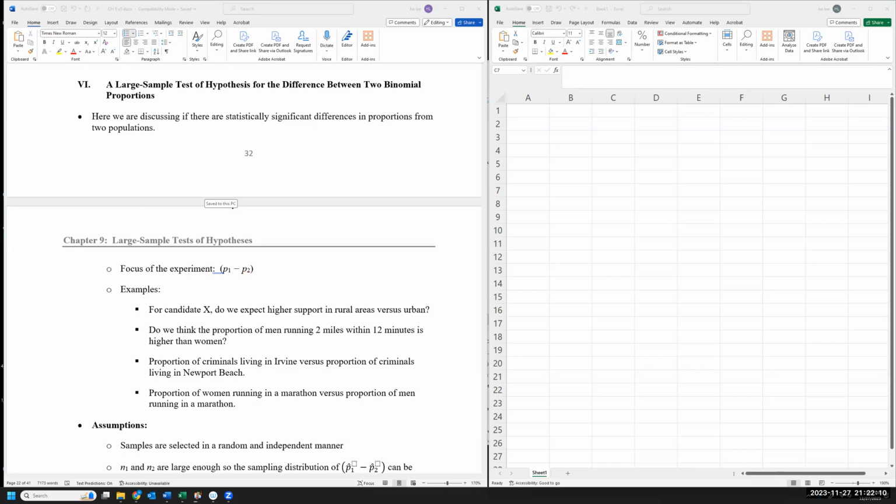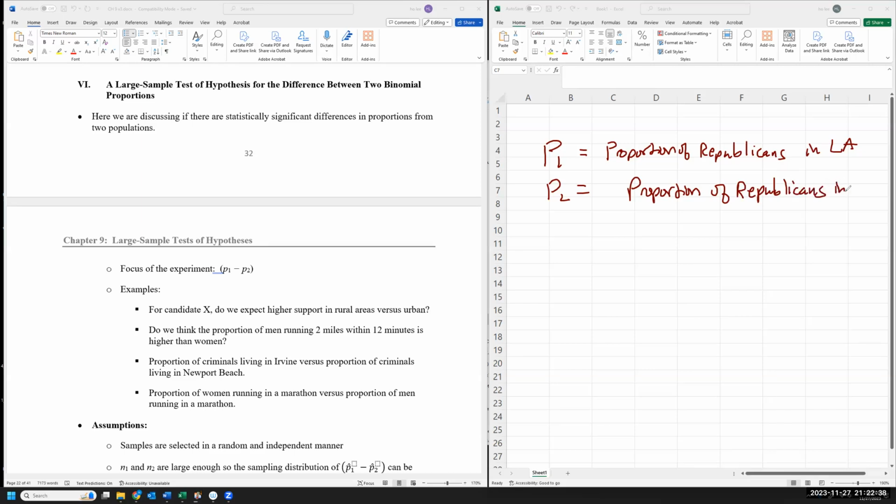One example of this would be P1 is equal to the proportion of Republicans in LA, while P2 is the proportion of Republicans in San Diego.